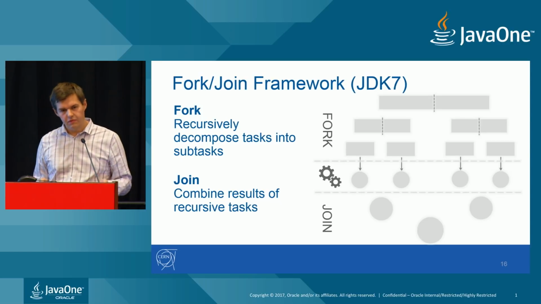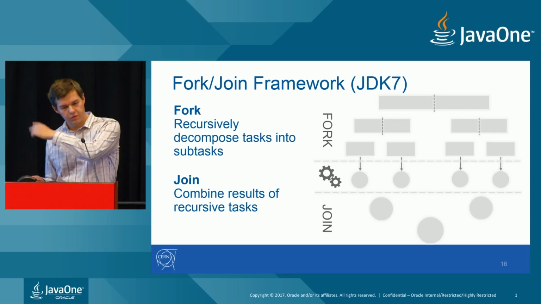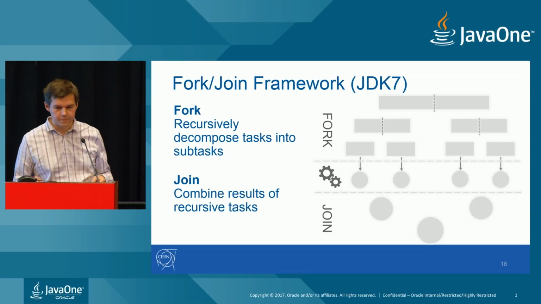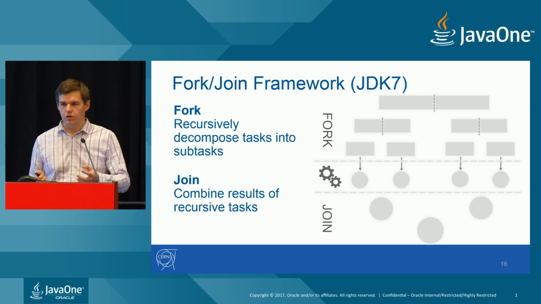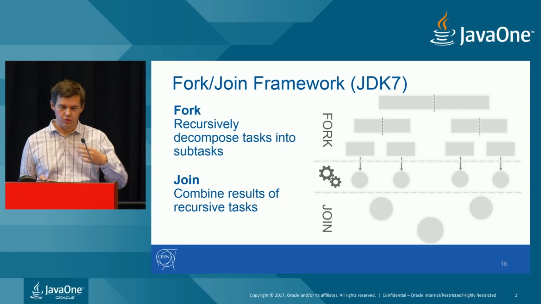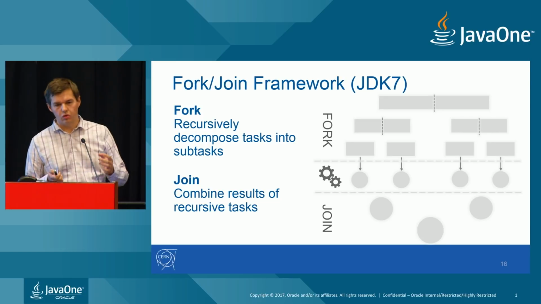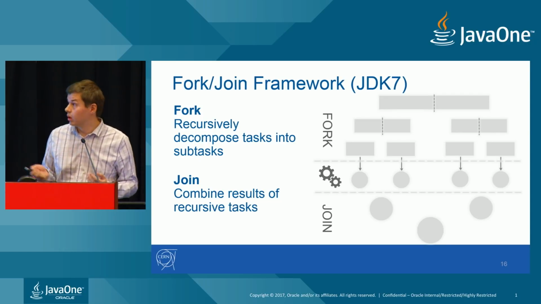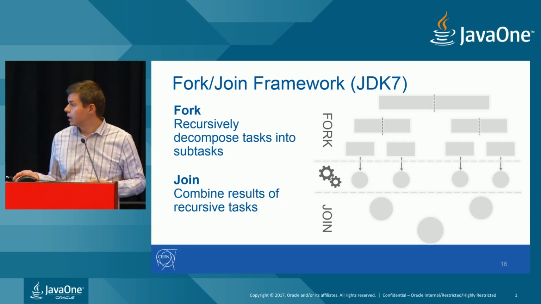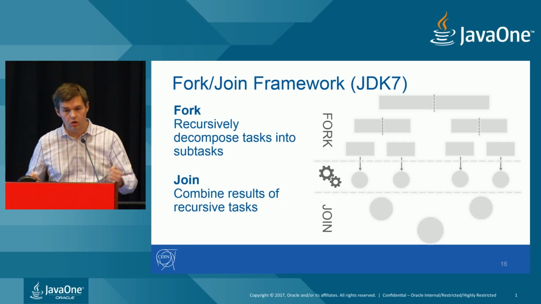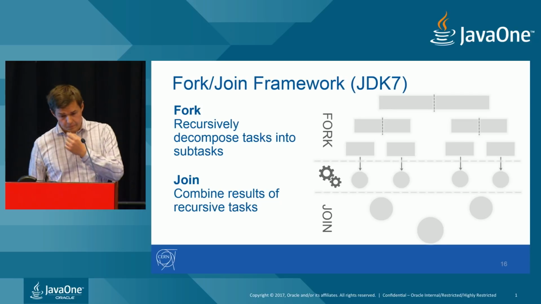The major difference, however, compared to the Executor Service we saw a few slides ago, is that it was designed for CPU-hungry tasks. So it was really designed to recursively split, fork, process, and finally join the results.